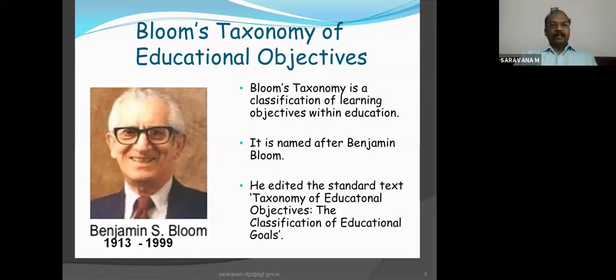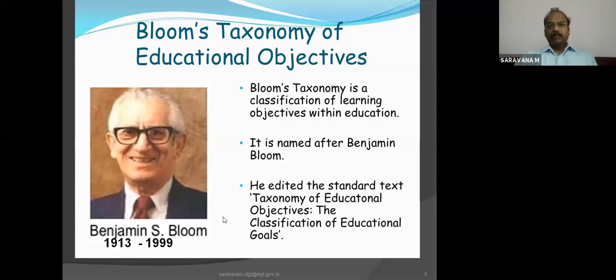He chaired a committee called the Taxonomy of Educational Objectives Development Committee. And since he chaired that committee, this has been called by his name, that is Bloom's Taxonomy of Educational Objectives.